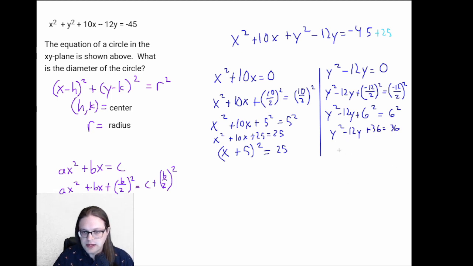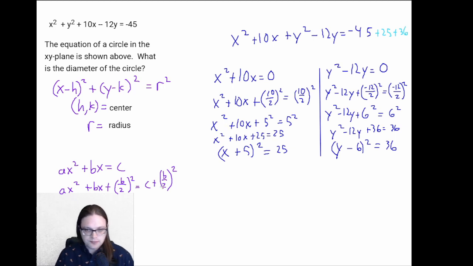And now, of course, I factor. y minus 6 quantity squared equals 36. This is why you write down every step, folks. And again, my 36 goes up here, and I add it to my original equation.